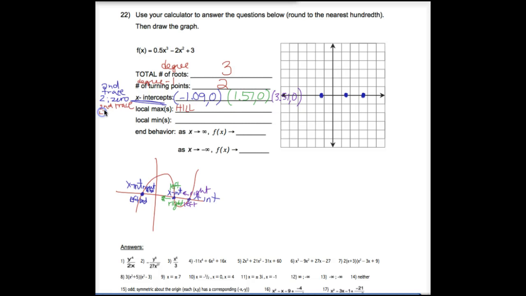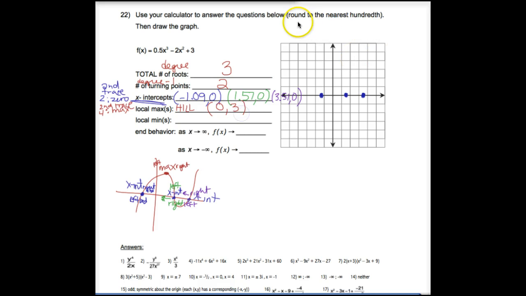So second trace choice 4 to find the max. You do the same thing with the left bound, right bound. I only see one hill. It's right here. There's my maximum. So when I do left bound, left of the maximum would be somewhere over here. Right bound for the maximum is somewhere over here. Tell it to guess. You should get the maximum to be at 0.3.